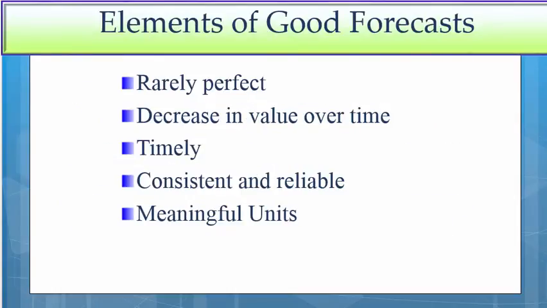So it's always interesting to know what makes a good forecast, and so here are some elements of a good forecast. I think the first one is really important, and that is that they're rarely perfect, because forecasts, by their very nature, are an art, and we do our best, but they're rarely going to be dead on. Another thing that's important about forecasts is that they decrease in value over time.